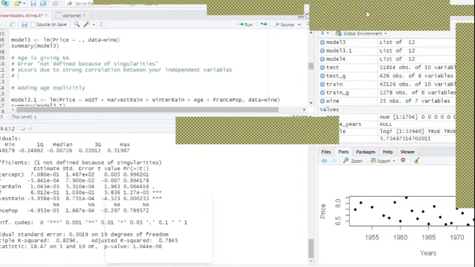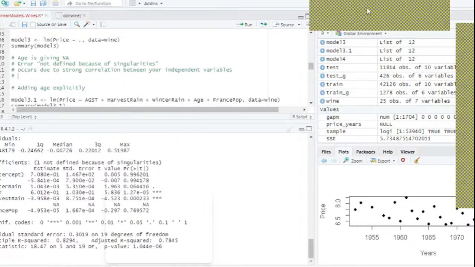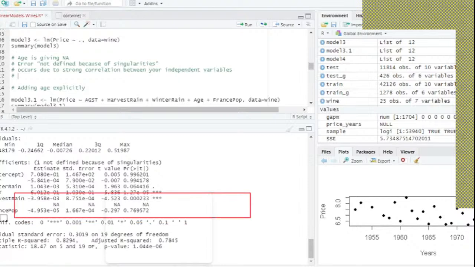Here, if you observe closely, age is giving me NA. Can you see NA against age? All of you are getting NA.